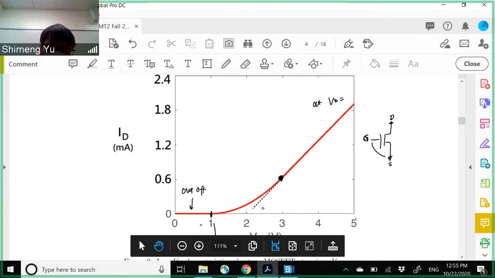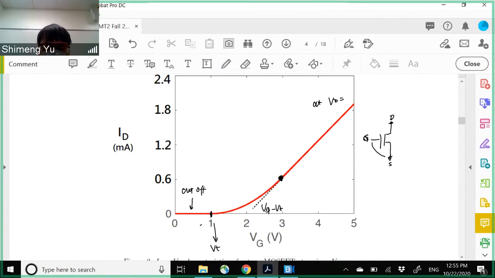here is Vt, because here is just 0, and then when you increase a little bit, still the Vg minus Vt is a small number, for example maybe point something. So compared to the Vd in this region, this one is probably smaller. So in other words, this is saturation.